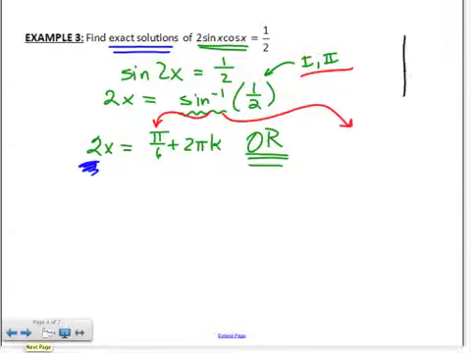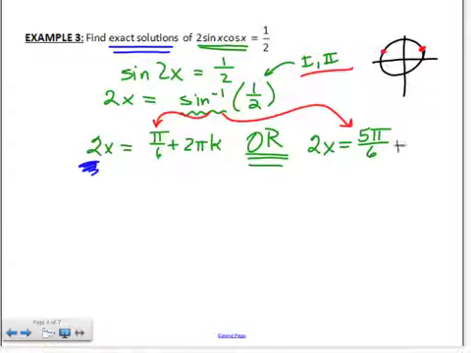We're thinking about our circle, and these are all of them. We have to include every possibility. So we also have 2x equals 5 pi over 6 plus 2 pi k. You should know how we got 5 pi over 6 by now. Now, in order to solve for x, we're not done. We have to solve for x.